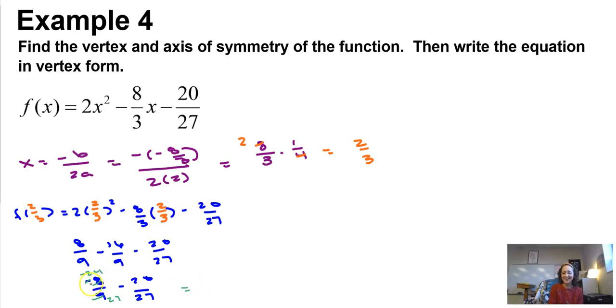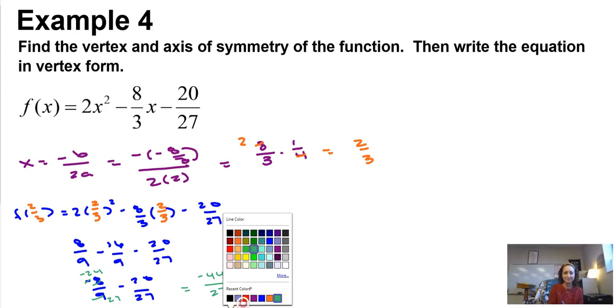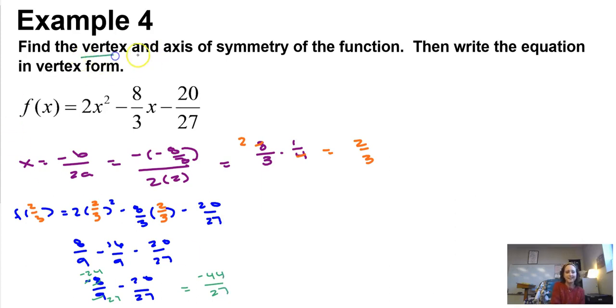So I've got negative 24 minus 20 in the numerator, so that's negative 44 in the numerator with a common denominator of 27. All right, so coming back to answer some of these questions here, my vertex is going to be 2/3, comma, negative 44 over 27.